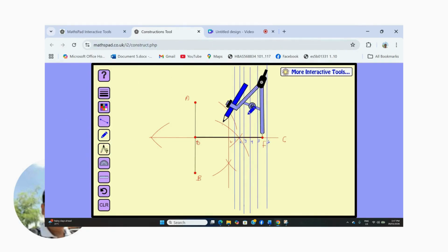And we should repeat the same thing for 2, 3, 4, 5, and so on, up to 6.